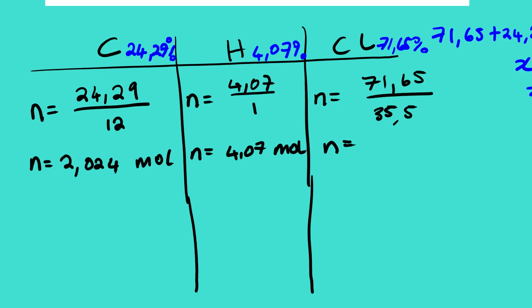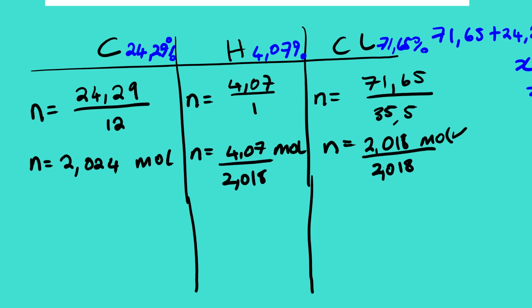Then we have 2.018 mole. So we divide by the smallest. You can see the smallest is this one. So here we're going to have 1.